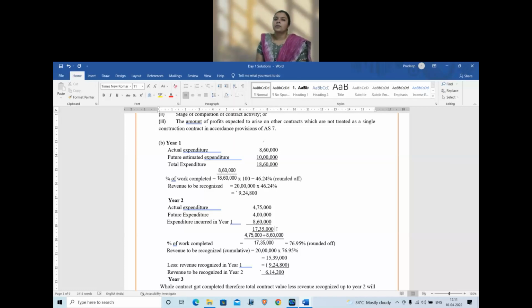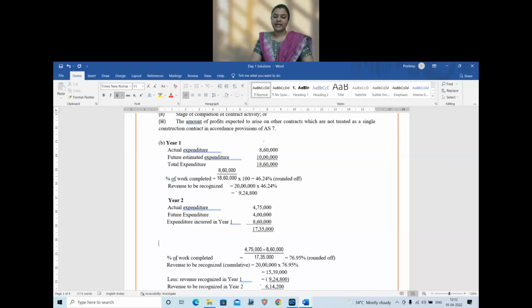Now, what is the percentage of work completed? 4,75,000 plus 8,60,000. What is the total actual cost? Let me write a hint here. Total actual cost is 13,35,000.